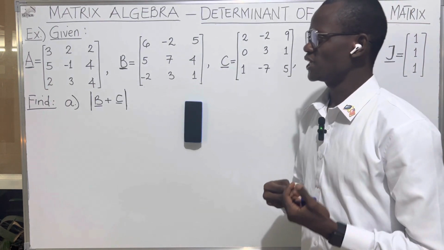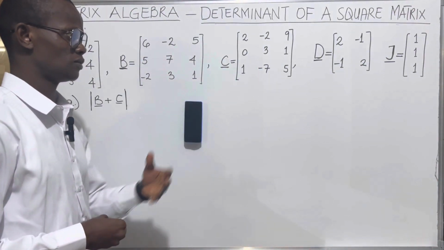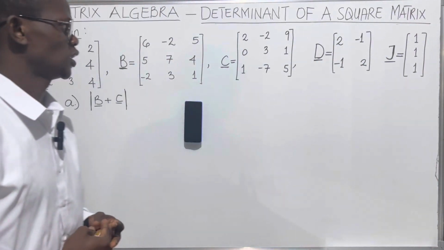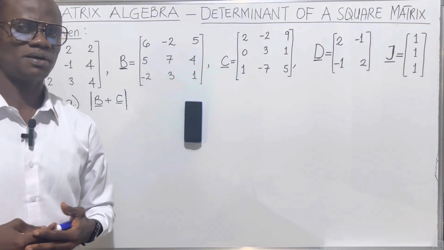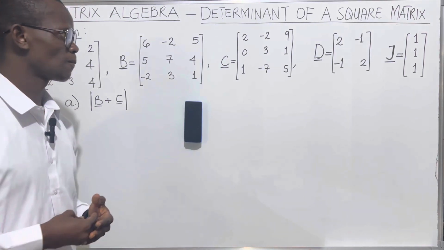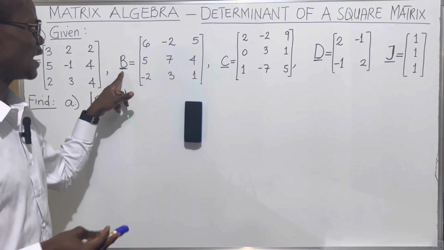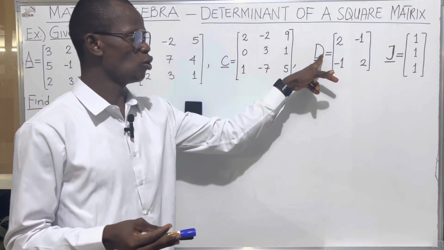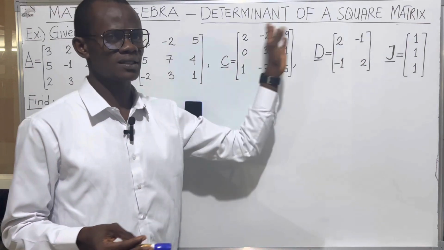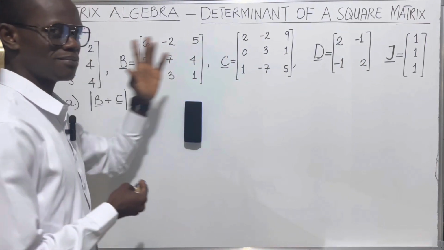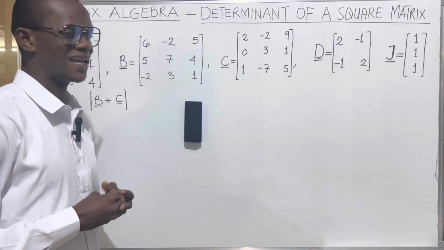So we are given matrix A, matrix B, matrix C, matrix D, and matrix J. From the definitions of matrices, matrices are named using boldface capital letters. Because we do not have boldface letters here, we put strokes under these letters to indicate that these are matrices, and this is also a standard way that matrices are named.